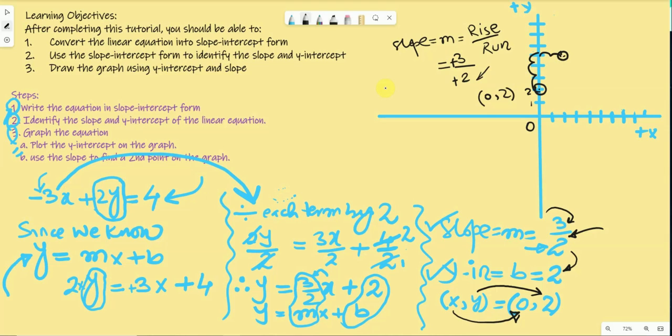If you want to find out the third point, you can find the third point with respect to the second point.